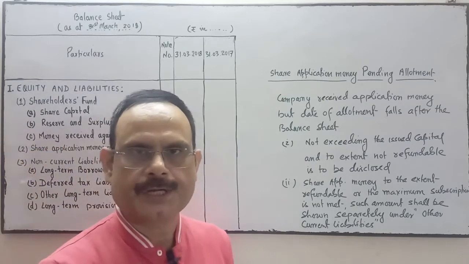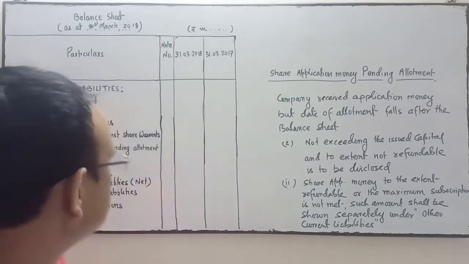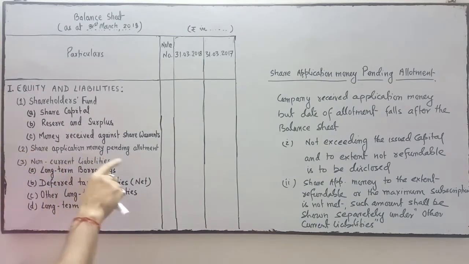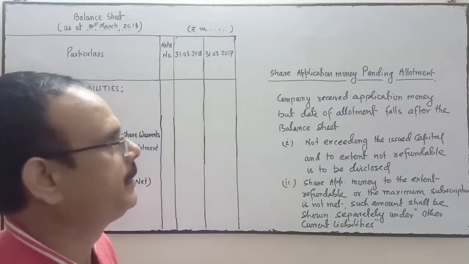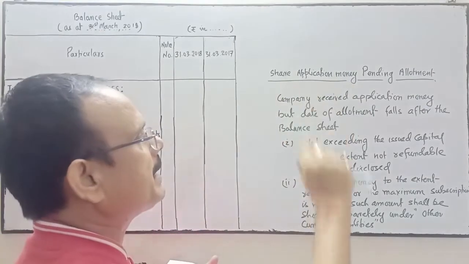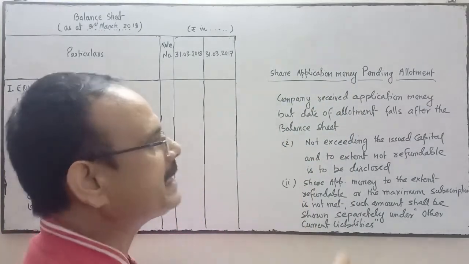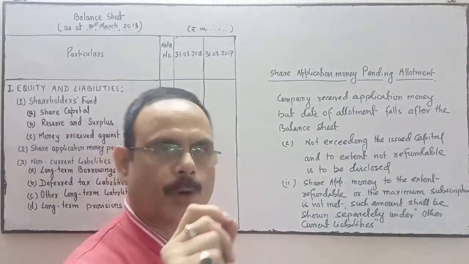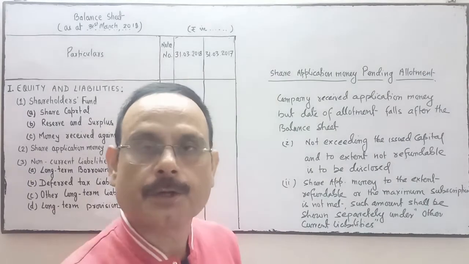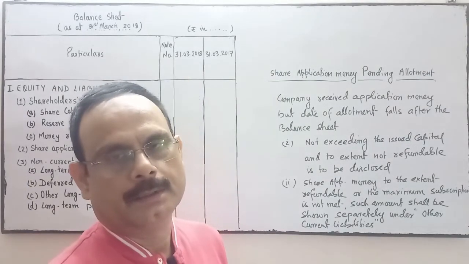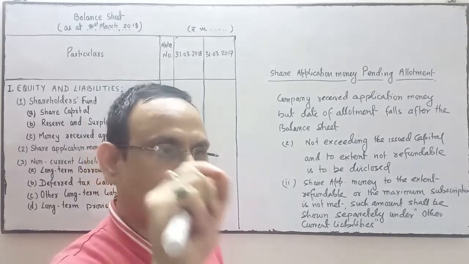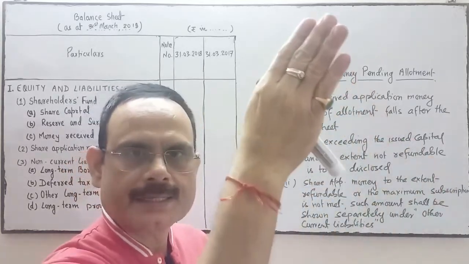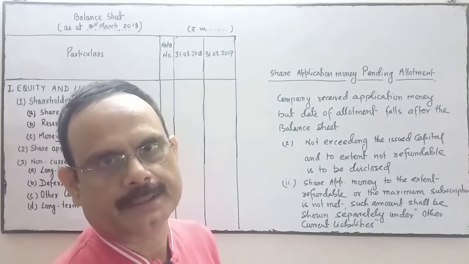If it is not mentioned or specified, then this will be shown under the second heading, share application money pending allotment. Here the company received the application money, but the allotment of the share is not done, because the allotment may be in the next financial year, and in between we have to prepare the balance sheet.